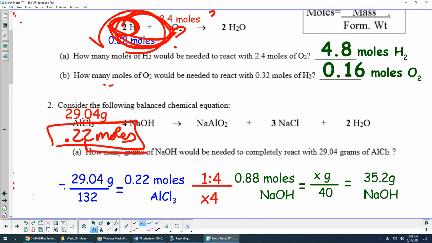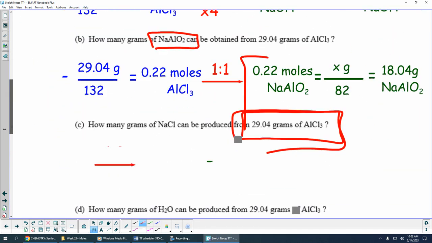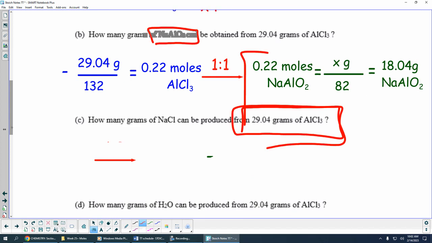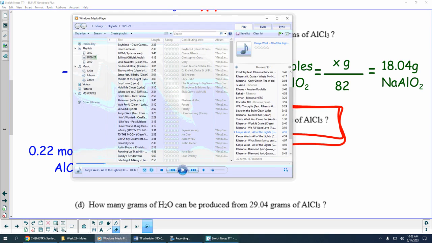What's my coefficient ratio from here to here? And then can you hit me with the formula weight? So now I want to know, and you can start with 0.22 moles again, because I'm starting with the same amount every single time. So if I have 0.22 moles of that, follow my coefficient ratio. I want to know how much salt can be made. I'm coming around to see who can hang on to that one.